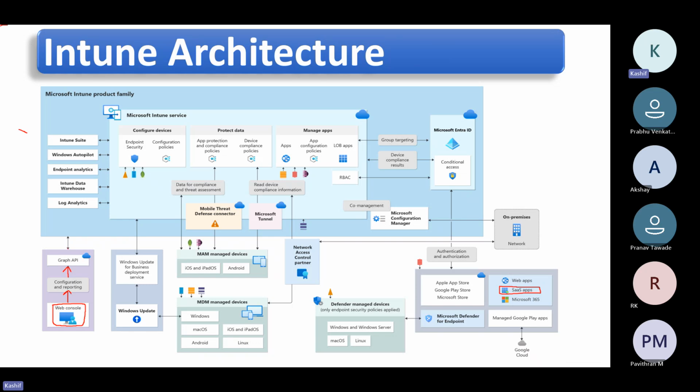Now, Graph API will understand your requirement and then it's going to connect to Intune services in the backend. So either you have to configure devices, so it will come here, or if you have to protect data, then it's going to come up here, or manage apps, then it's going to come up here. Okay, so Intune services running in the backend like configure data, protect data, and manage applications.